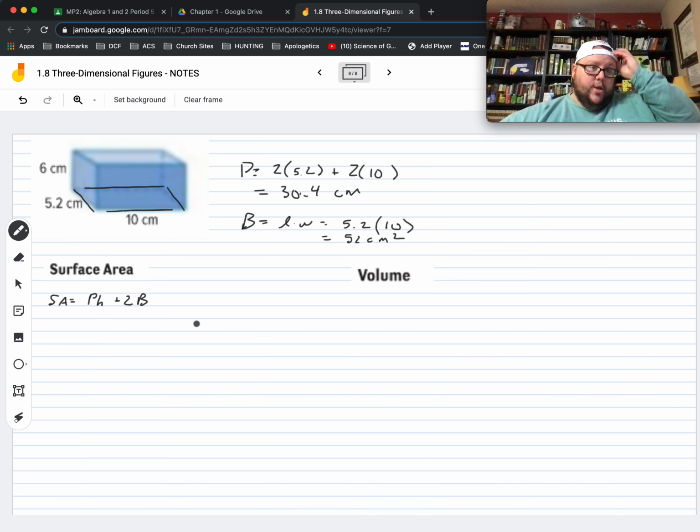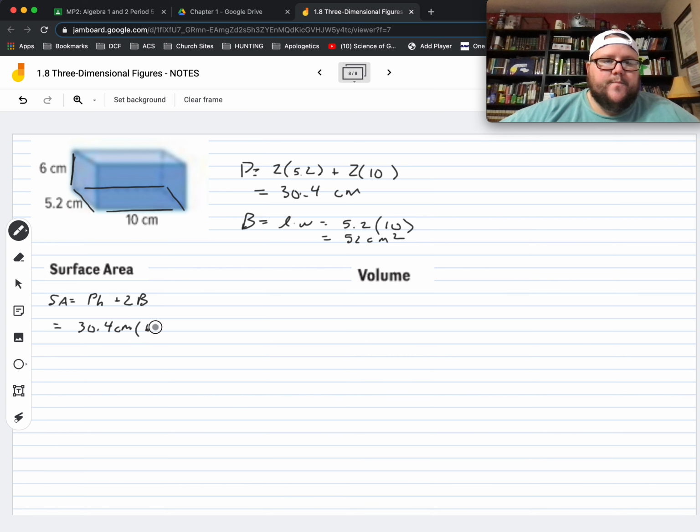All right, so those are the two pieces of information we need so far. So surface area equals a perimeter, which is 30.4 centimeters, times h, which is 6 centimeters, plus 2 times the area of the base, but we found the area of the base is 52 centimeters squared.